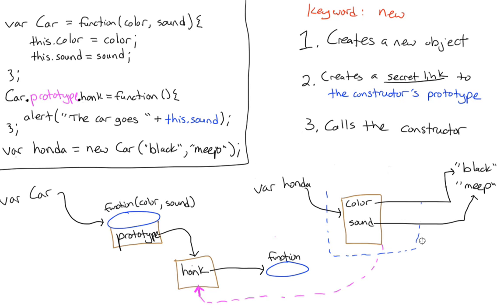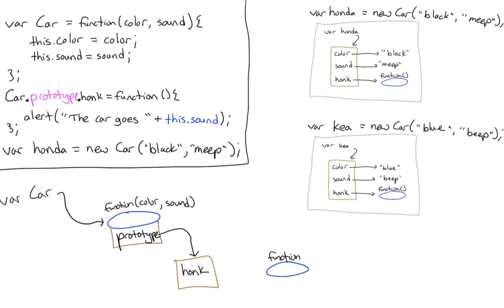So at this point, we have an object with only two properties, as opposed to last time, which had three properties.